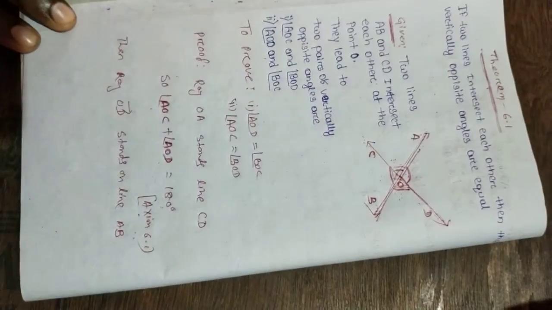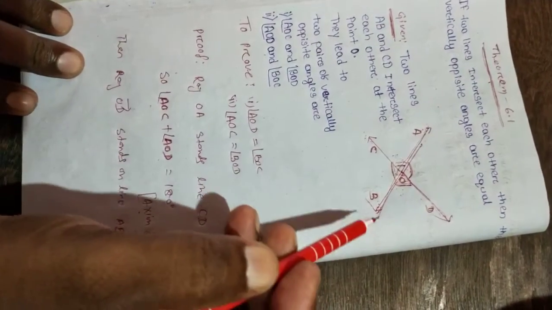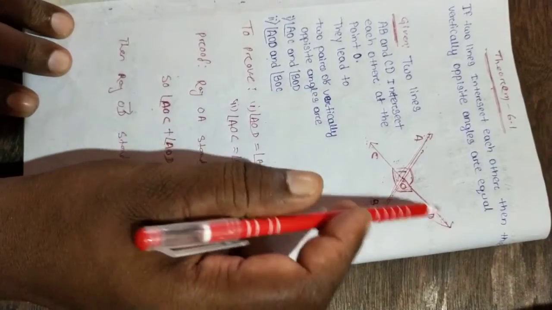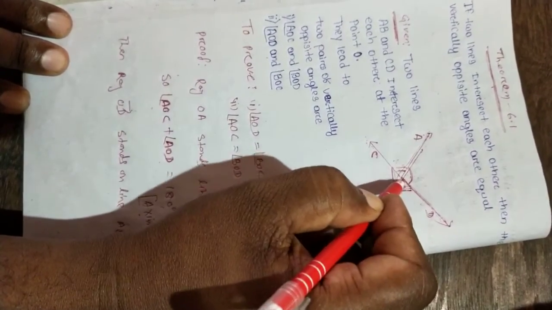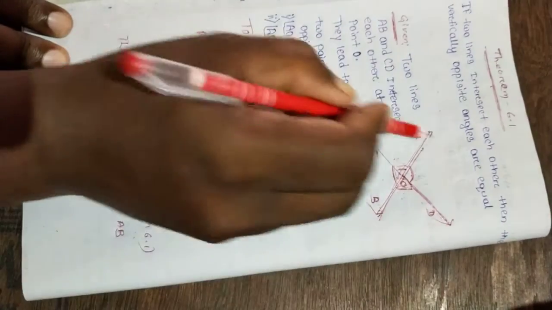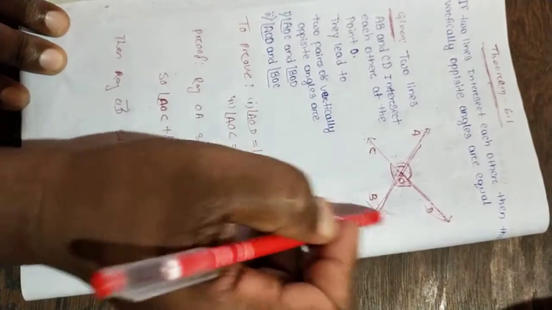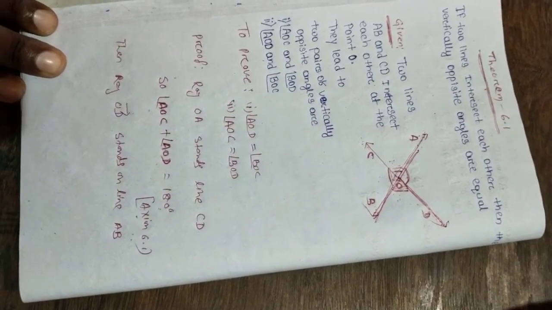These two are adjacent angles. You see, ray OD stands on line AB. So AOD and BOD are adjacent angles.